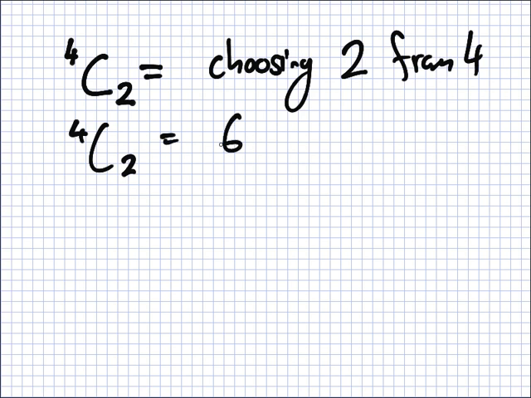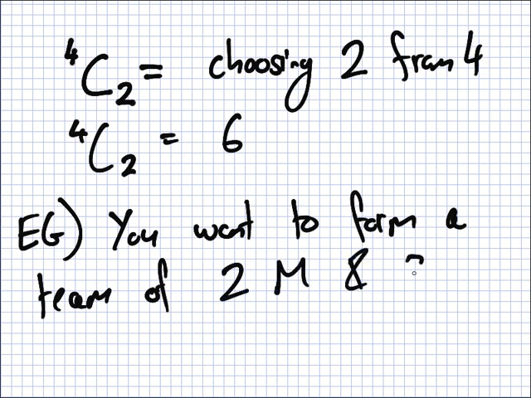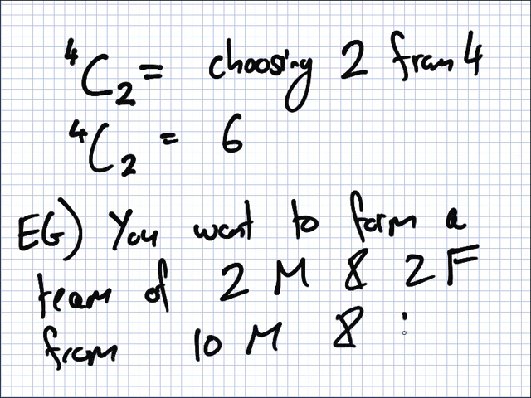So let's have a look at some examples of using this. Our first example: you want to form a team of 2 males and 2 females from, let's say, 10 males and 12 females.